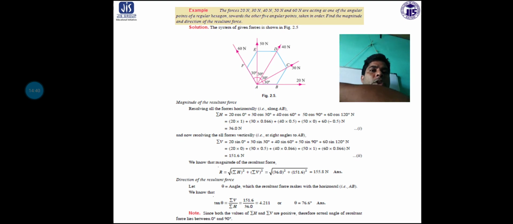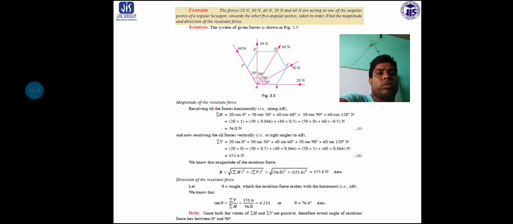Similarly, resolving all the forces vertically, in terms of cos we write sine: 20 sin 0 up to 60 sin 120 degrees. If I put in all the values, we get 151.6 Newton. Now for the resultant force, R is equal to root of summation of H square plus summation of V square, and then we get R is equal to 155.8 Newton.